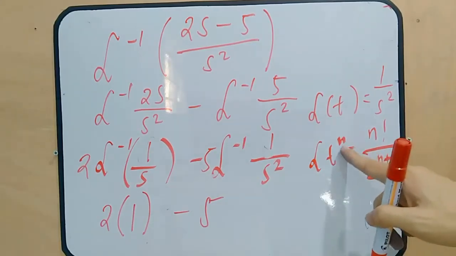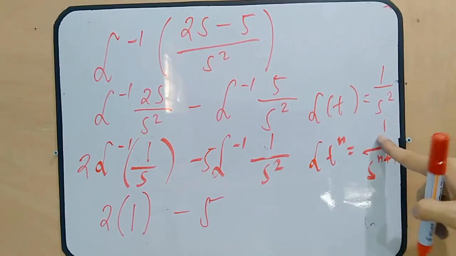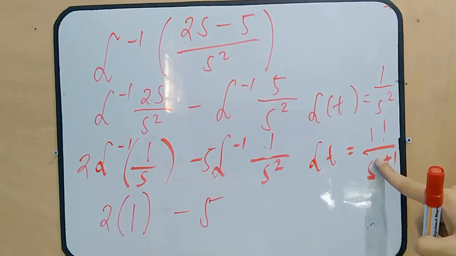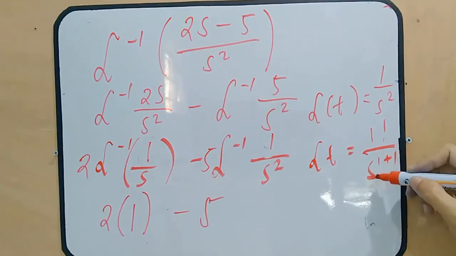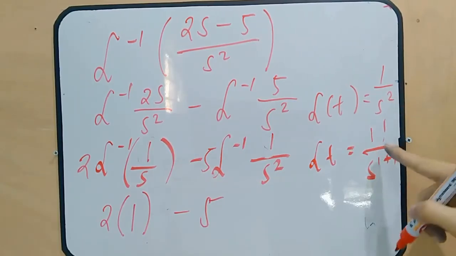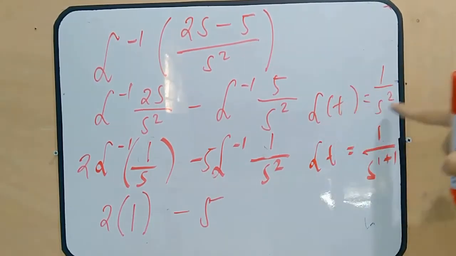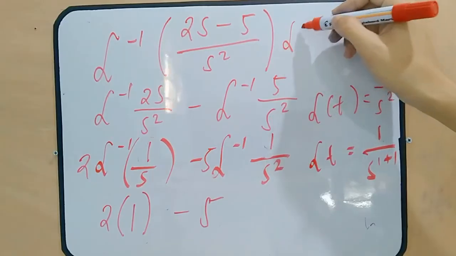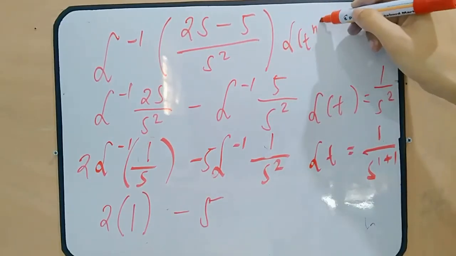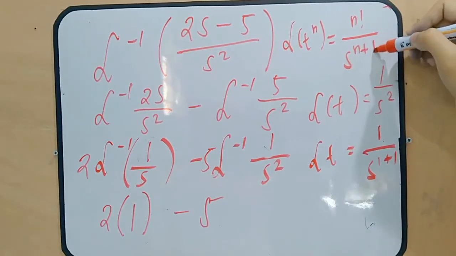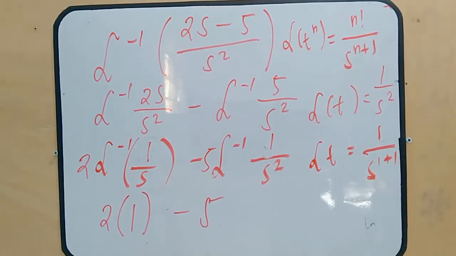Now, here, yung n natin is 1, so this is 1 factorial. Exponent 1, so s raised to 1 plus 1, so s squared, so 1 factorial is 1. So, dito galing yung formula na yan. So, in Laplace transform of t raised to n equals n factorial all over s raised to n plus 1. So, dun galing guys yung formula natin.